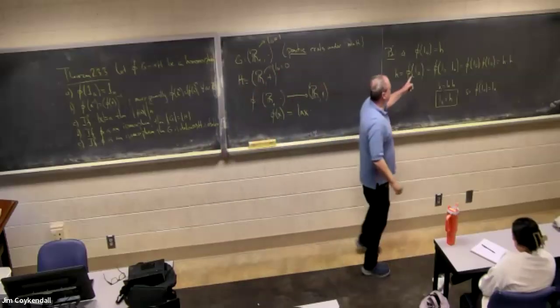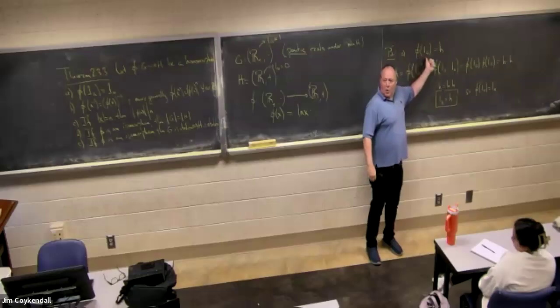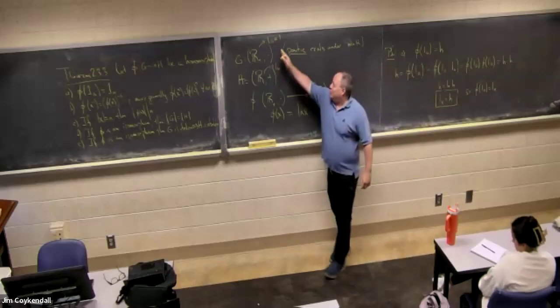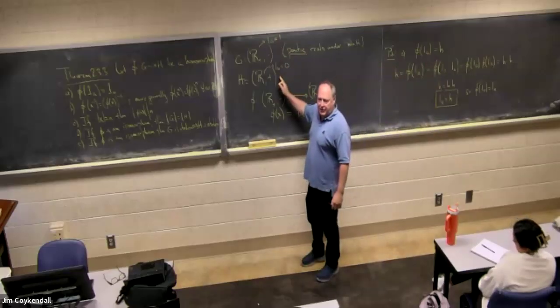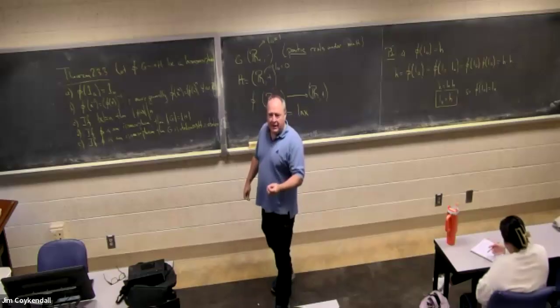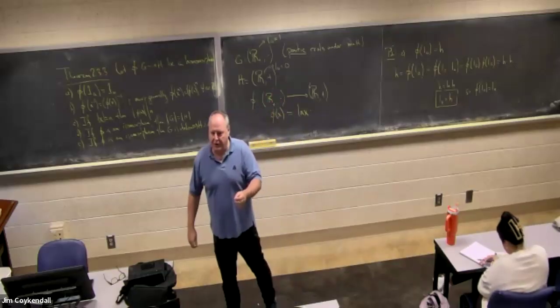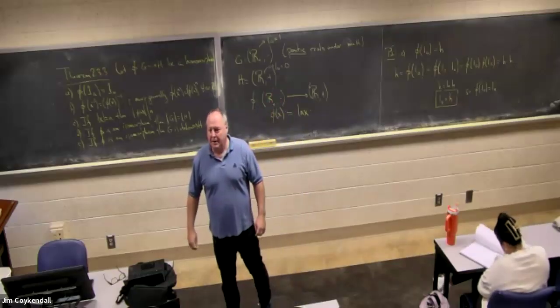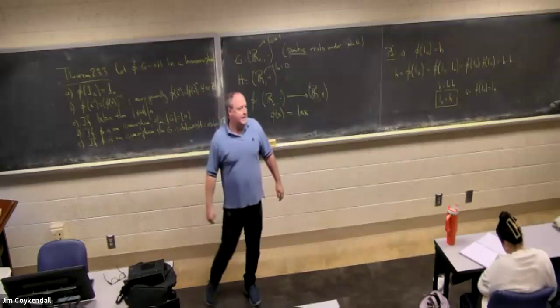Here's a consequence. Log of 1 is 0. It has to be that way because it's a homomorphism of groups. The identity is 1, the identity here is 0. So the natural log of 1 has to be 0. Looking at the inverse homomorphism, the exponential of 0 has to be 1 because of this.